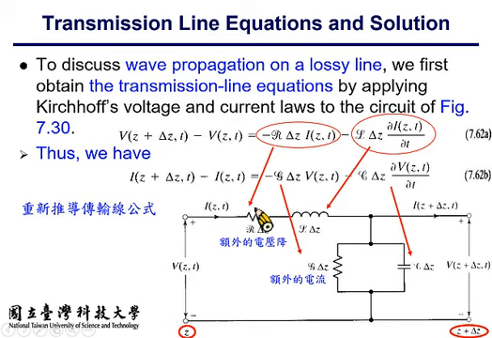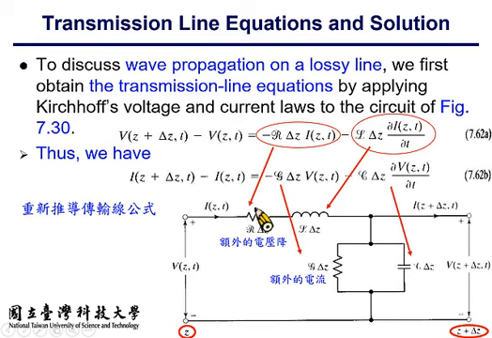And what is the difference between this current to the right and this current to the left? There will be the current that goes to the ground through the two shunt elements. So we need to write out the current representation that goes to the ground within this section.